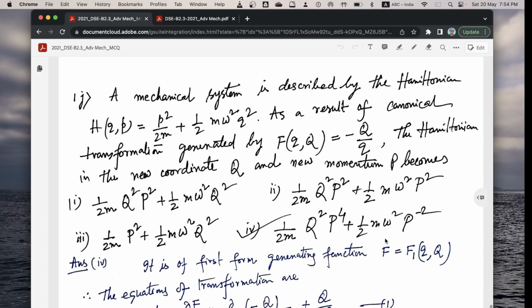Option 4. After simplification, we get option 4. Thank you.